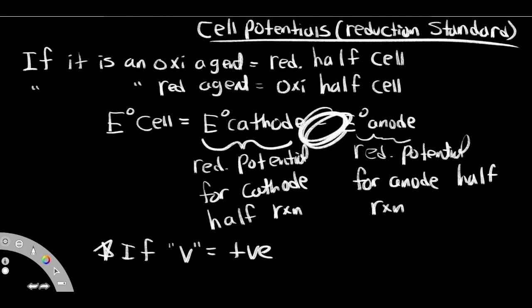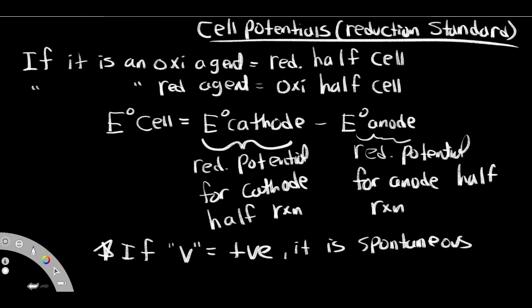If that voltage value becomes positive, it is spontaneous, so it'll proceed in the way that is written. Whereas if the voltage ends up becoming negative, it is not going to proceed spontaneously.